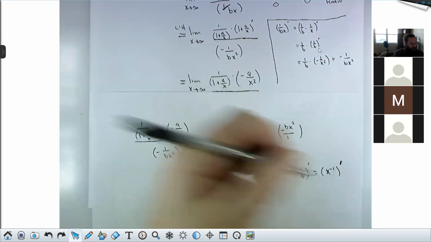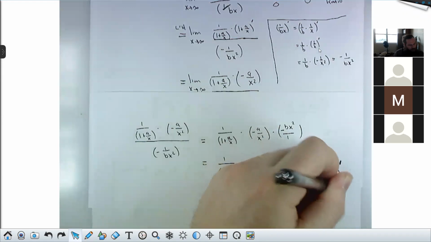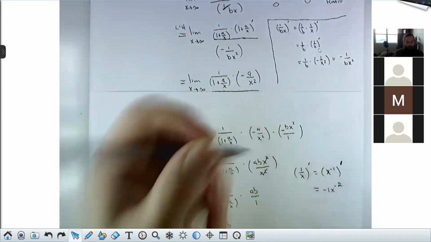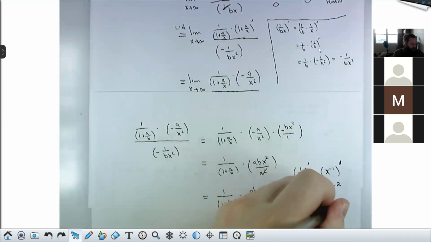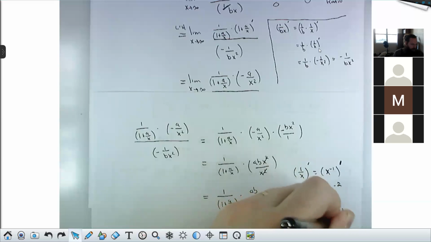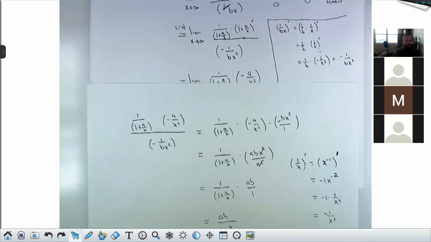And if I want to prime that, I get negative 1 x to the negative 2 by the power rule, which is negative 1 times 1 over x squared, which is negative 1 over x squared. And then the b downstairs is a 1 over b constant multiple that can pop out of the derivative, and then I just bring it back in like this.